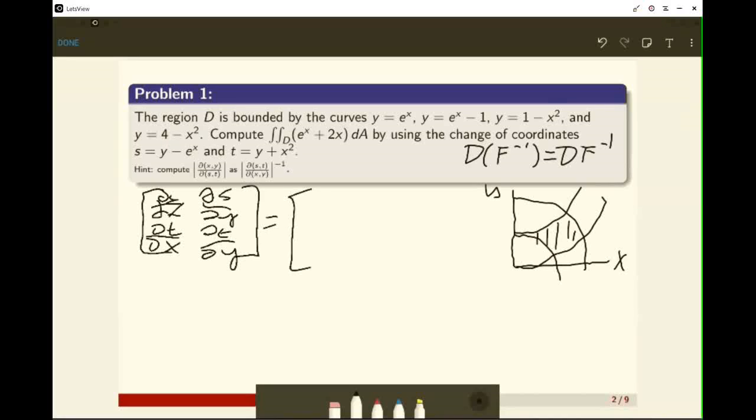And here we've got s is given by minus e to the x and a 1 in y. T is given by a 2x and a 1 in y. And so if we take the absolute value of the determinant of this, I haven't left myself too much space, have I?